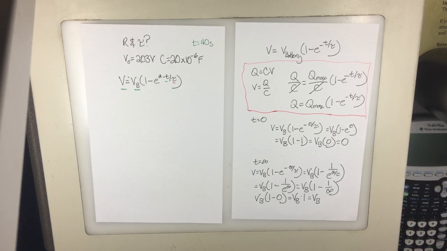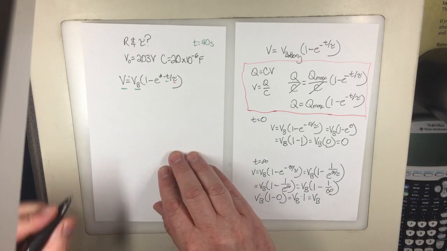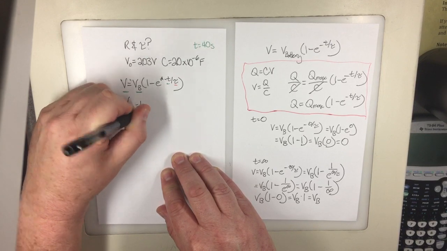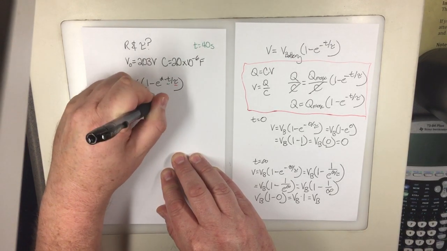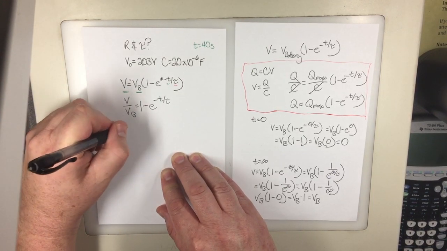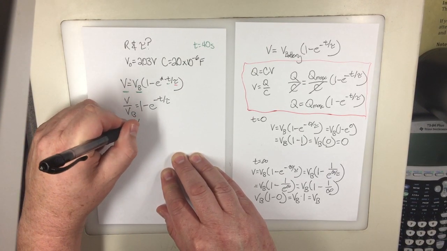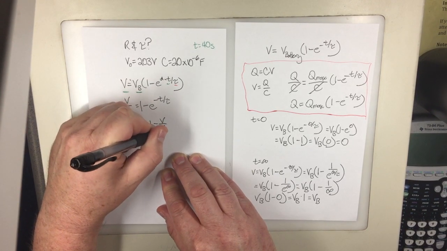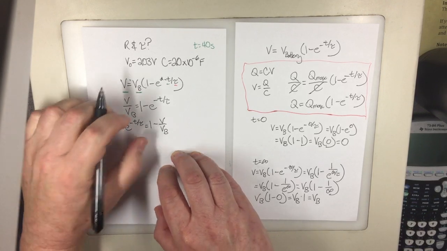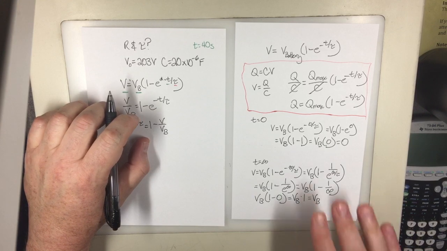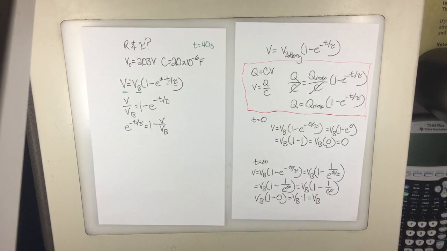So now we need to get my tau extracted. V over VB is equal to 1 minus e to the negative t over tau. That gives me e to the negative t over tau is equal to 1 minus V over VB. And what do we do now with exponentials?